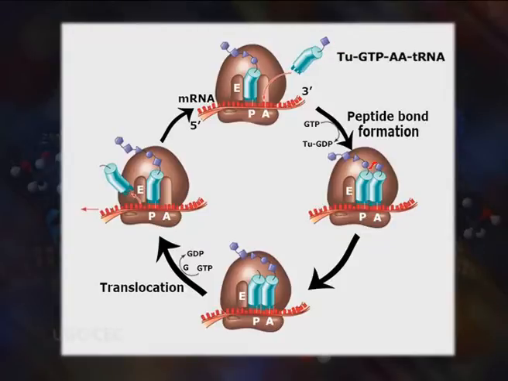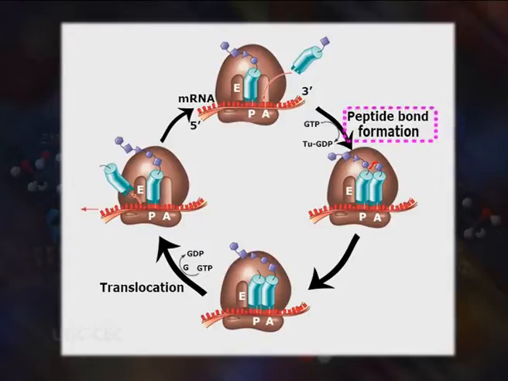Tu factor probably helps in codon recognition and for orientation of the incoming aminoacyl tRNA. After the attachment of Tu GTP AA tRNA complex to the ribosome, GTP is hydrolyzed in the presence of GTPase and a Tu GDP complex is released. Ts factor rejuvenates the Tu GTP.